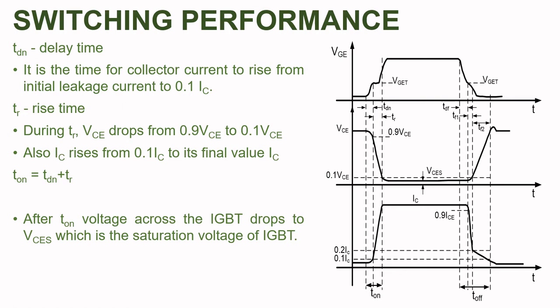The rise time TR is the time during which the collector to emitter voltage drops from 90% of its initial off-state value to 10% of its off-state value.